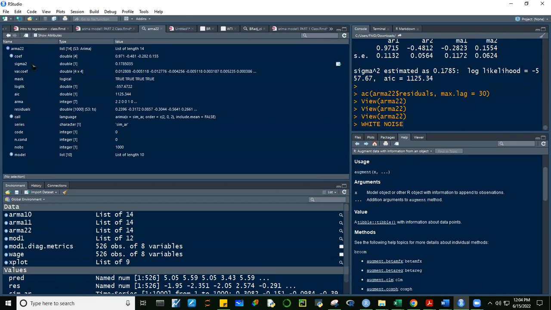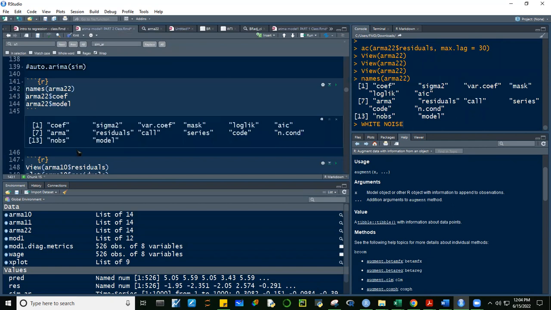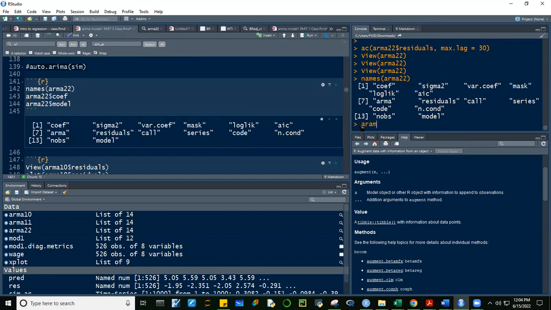Andito yung variance, sigma squared, variance of coefficient, and others, no? And then residuals. Okay, so ang names nito, yan. Ito yung mga laman ng list.